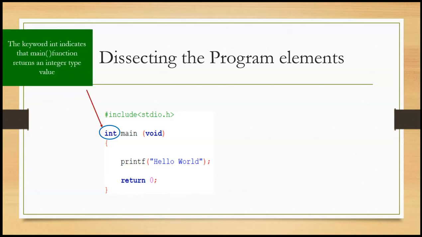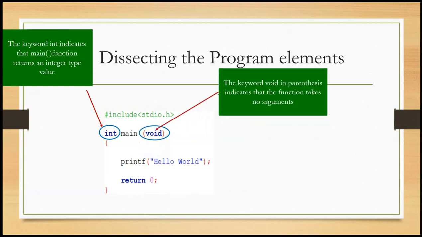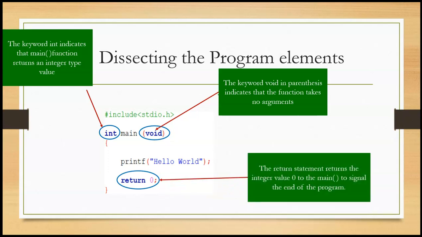The keyword int before main indicates that the main function returns an integer type value. The keyword void in parentheses indicates that the function takes no arguments. The return statement returns the integer value 0 to the main program to signal the end of the program.